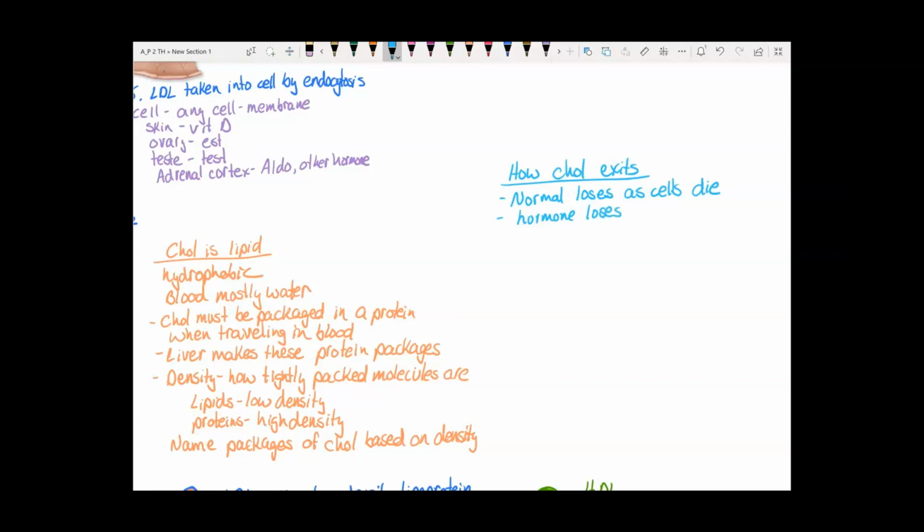Then there's also how, if your liver wants to get rid of cholesterol, the main way you get rid of cholesterol is when your liver puts it in bile.